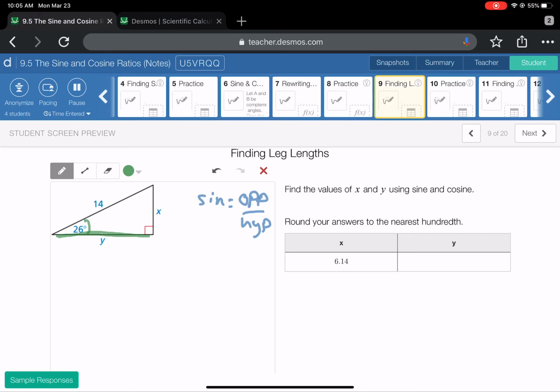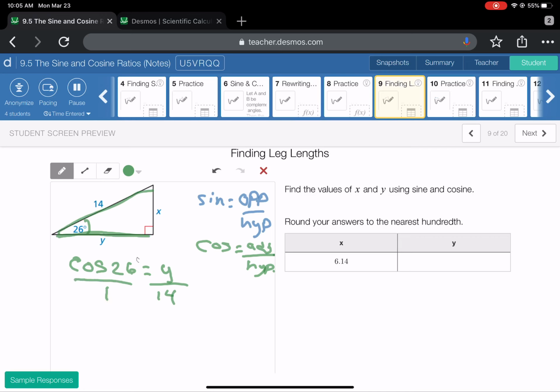So here's angle 26. Remember that the cosine is adjacent over the hypotenuse. If I'm looking for the side that's next to the angle, then I'm going to use cosine of 26. That's going to be equal to y adjacent over 14, which is our hypotenuse.